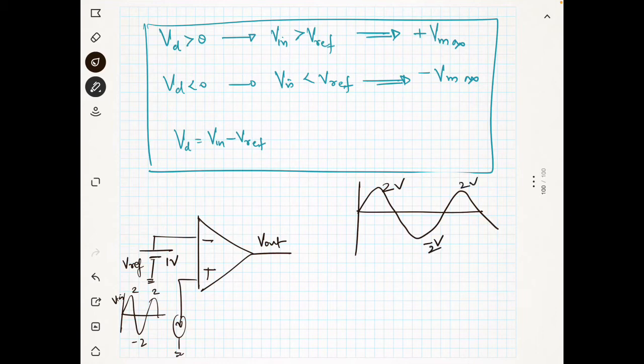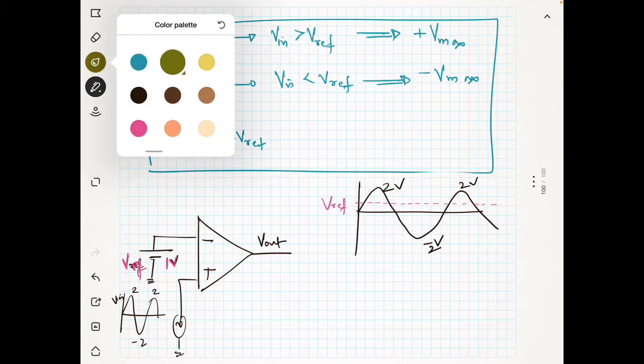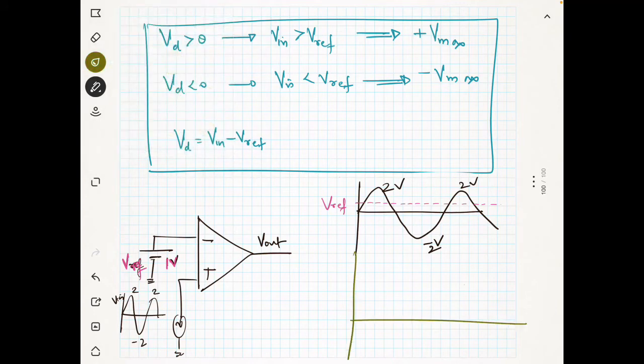Now I will draw my V reference with another color. This is V reference, which will be somewhere here, right? Now I can draw my output. You see, these are all the portions where input is greater than the V reference.